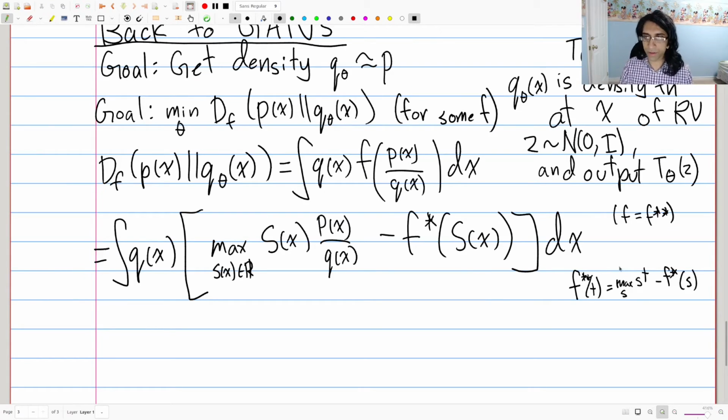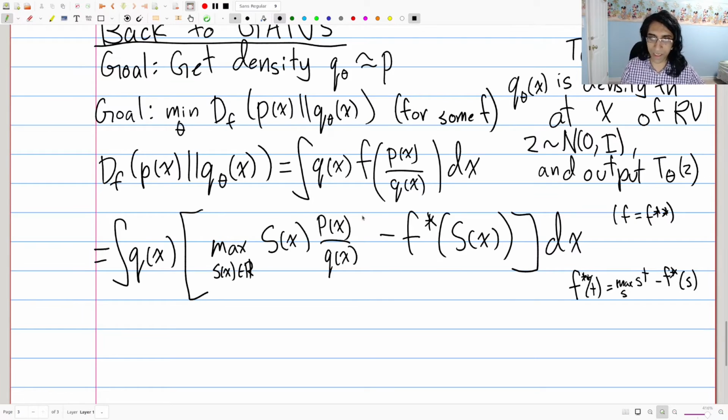And you'll notice that's exactly what we did here when we're trying to write the Fenchel conjugate of the Fenchel conjugate. We just took this f, we used the fact that it's equal to f star star, and then we wrote this f star star in terms of just the definition of the Fenchel conjugate. So you can see here this term in the square brackets is just the substitution right here.